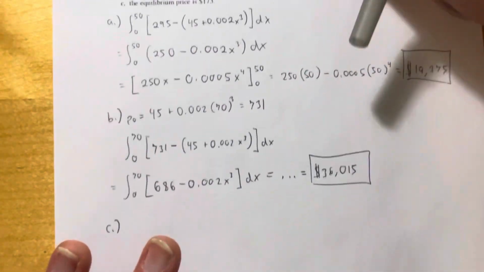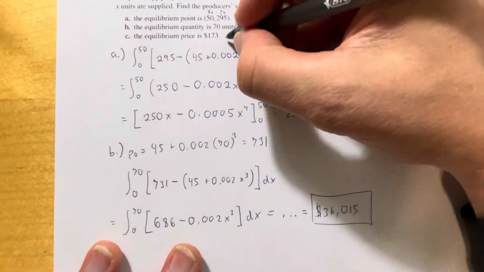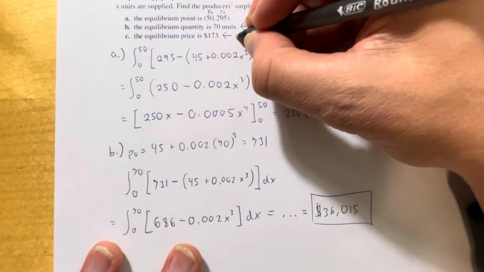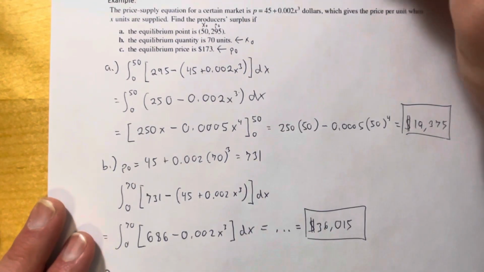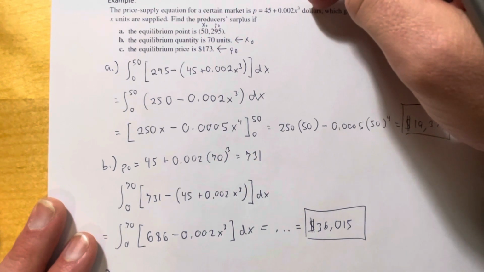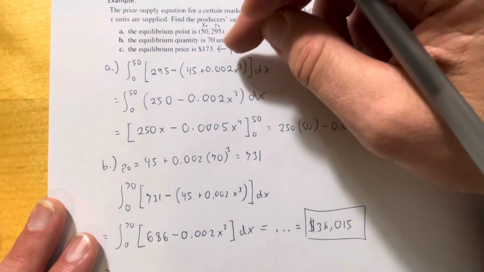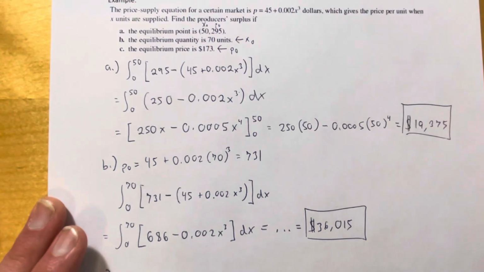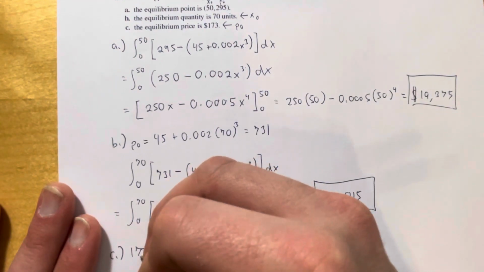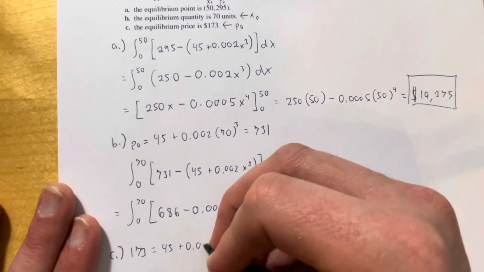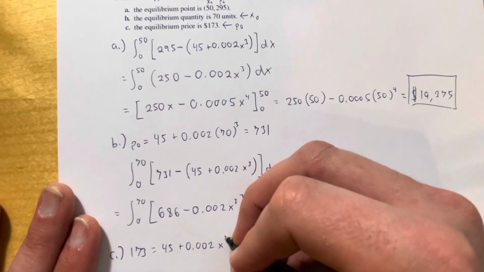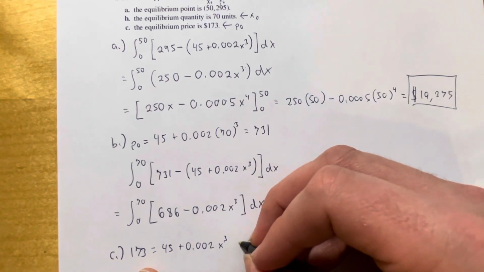C, this time, the equilibrium price is what we know, $173. We need X naught. We know P naught. So I'm going to set P equal to 173 and solve for X. 173 equals 45 plus 0.002 x cubed. Subtract 45 from both sides.